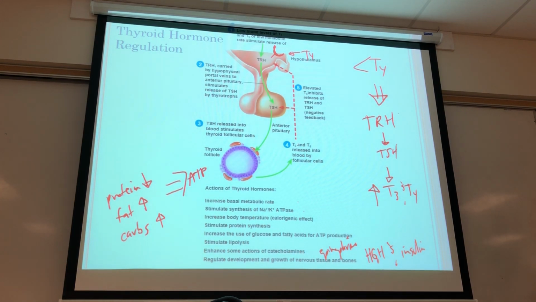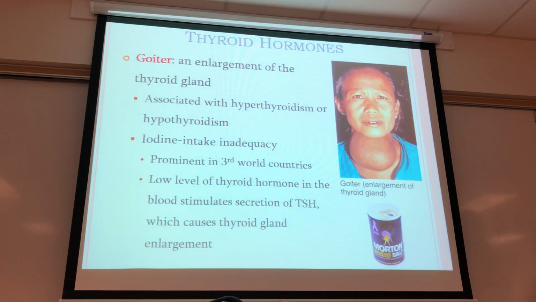Now that we've explored that concept and gone over and over it, let's take a look at disorders that are related to imbalances in thyroid hormones. And the first of these is a phenomenon called goiter, which is the enlargement of the thyroid gland.